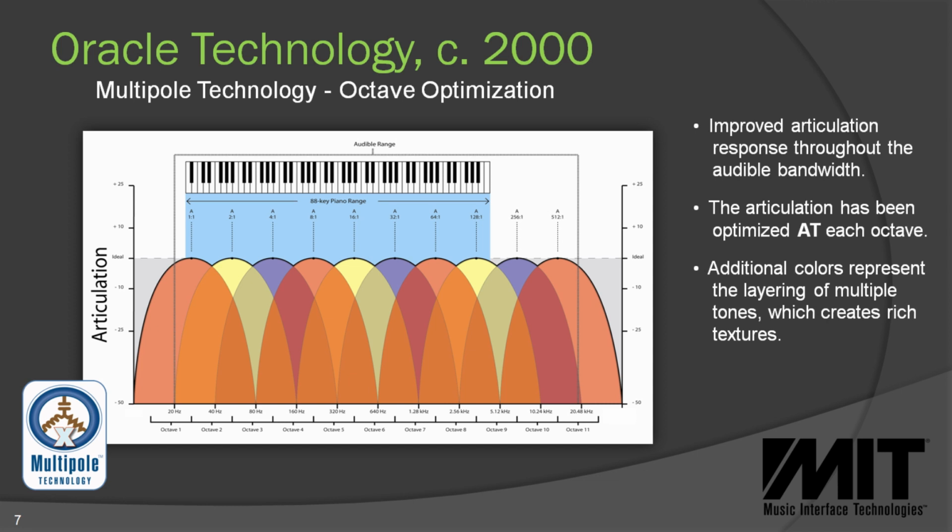Okay. Now what you're seeing here in these colorful bumps is poles of articulation that are arranged exactly on each octave. This was the technology that we originally called Oracle technology. It was an optimization of the octaves of music. And that's very important because that's the foundation upon which all modern technology at MIT Cables is based.